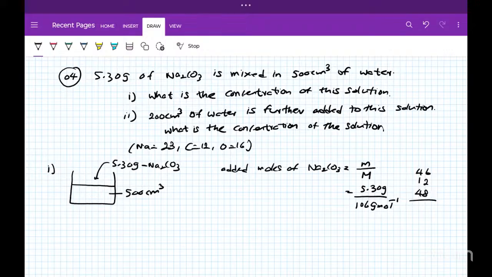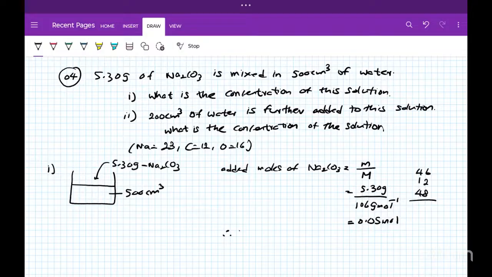So this is the moles, right? So this will be 0.05. So this is mixed within 500 cubic centimeters, right?